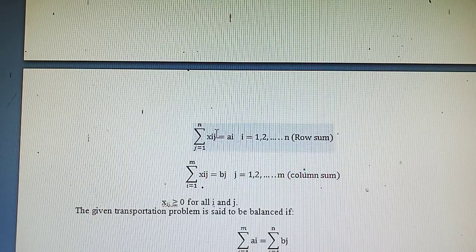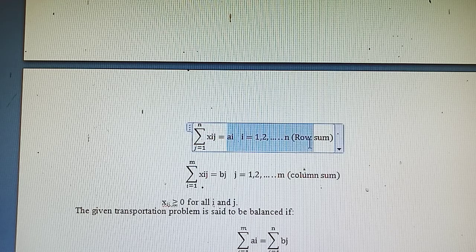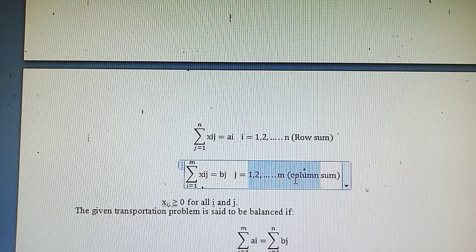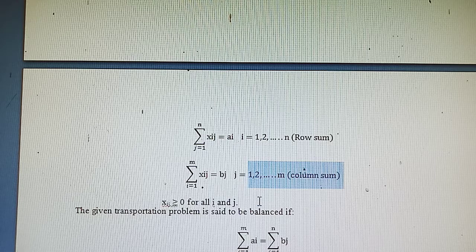Summation of j equal to 1 to n xij equal to ai, where i equal to 1 to m. Now we are taking the row sum, and at the same time summation of i equal to 1 to m xij equal to bj, j equal to 1, 2, 3 up to n. Now we are taking here the column sum, so that xij greater than or equal to 0 for all i and j.